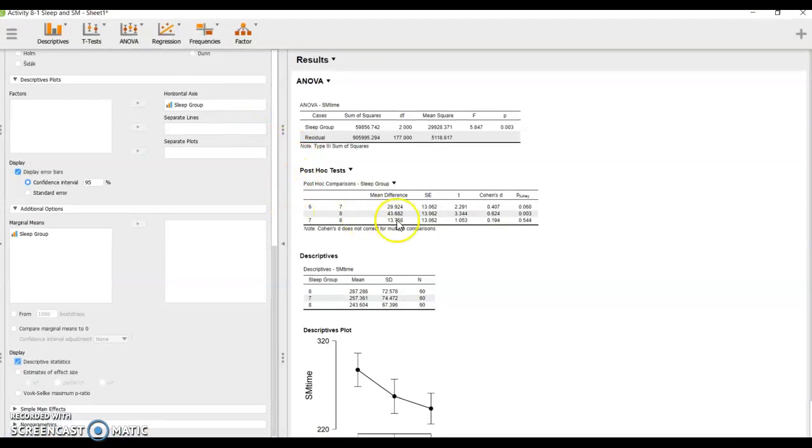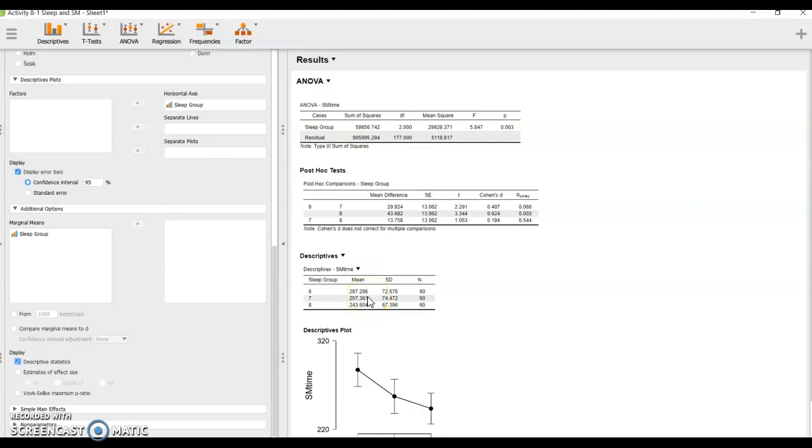Again, you're ignoring these two p's. They're a little bit different than what you get with the Fisher p. You have to get the p someplace else. Our t for that first comparison was 2.291, and we got a p of 0.0231, so you have to have jotted those down someplace else. But basically what we now know is that groups 6 and 7 are different.